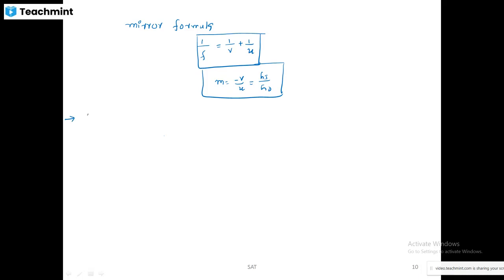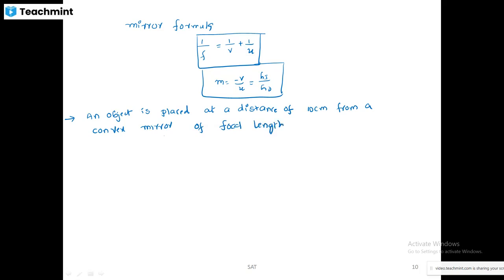The problem written on the board: An object is placed at a distance of 10 centimeters from a convex mirror of focal length 15 centimeters.